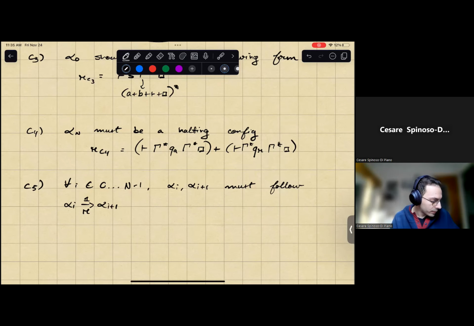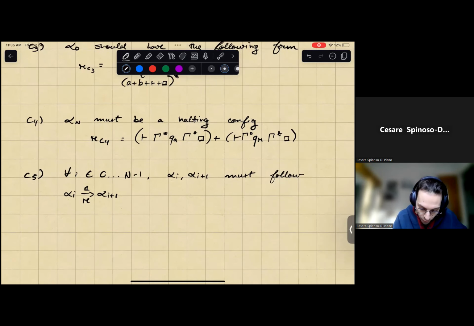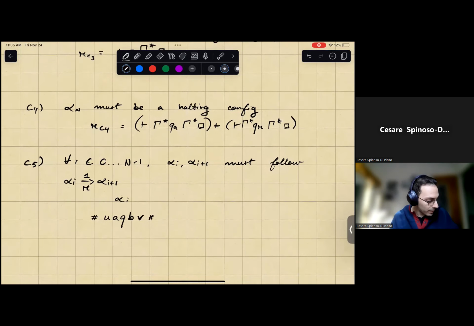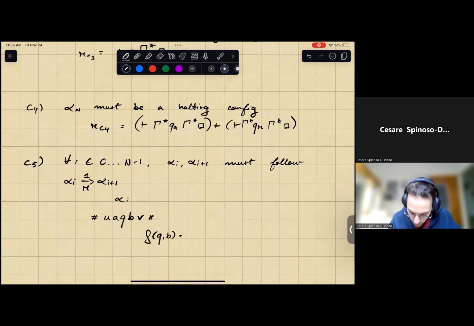So for example, maybe alpha i is some string U, then the letter A, a state Q, the letter B, and then some other string V. If this is alpha i, and in the transition function of M, I have that delta of Q, B returns P, B, R, right?